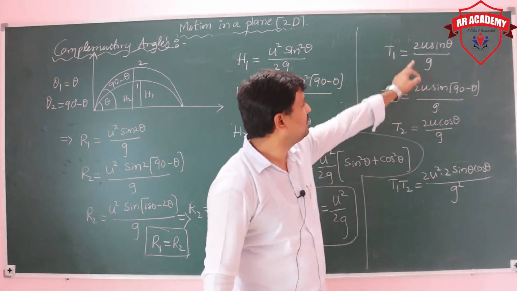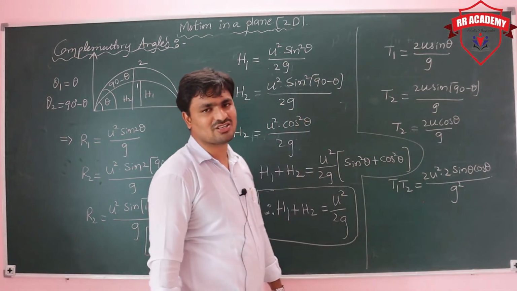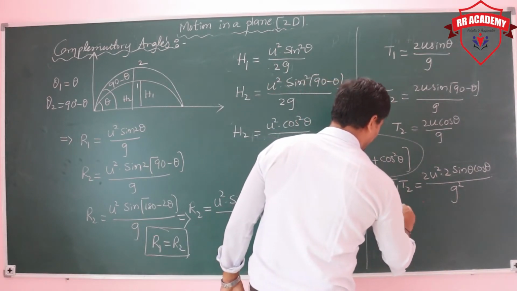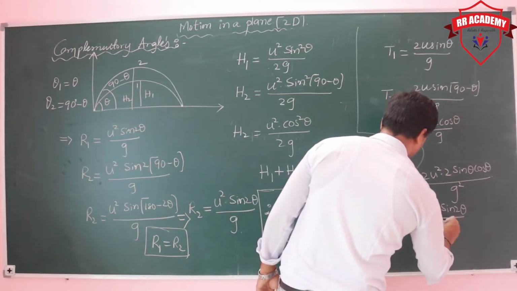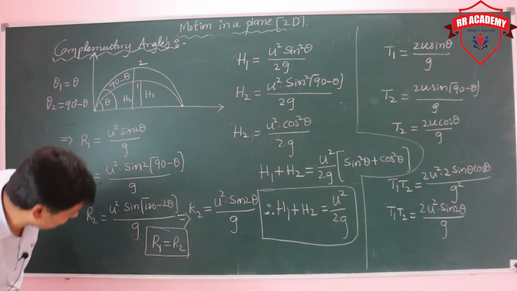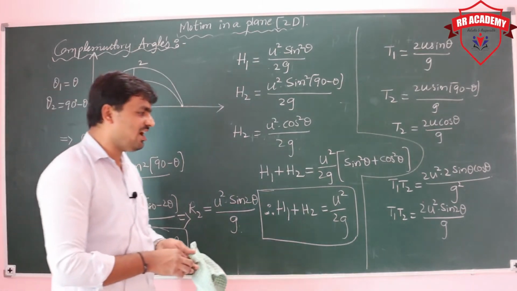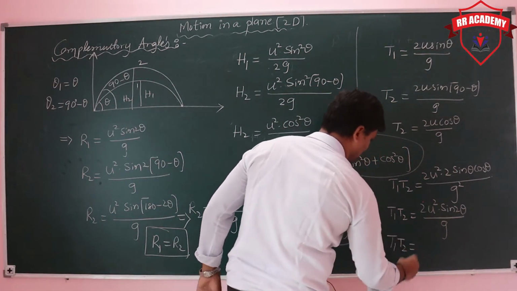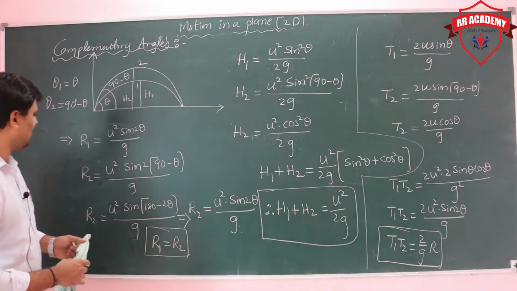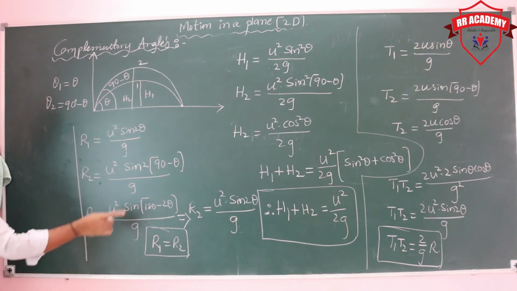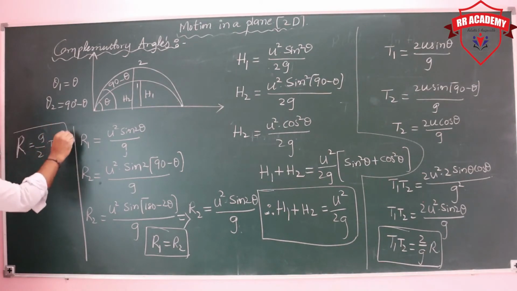Since 2 sin theta cos theta is sin 2 theta, the value of T1 T2 is equal to 2u square sin 2 theta upon g square. Here u square sin 2 theta upon g is nothing but the range R. So T1 into T2 is equal to 2R by g, and finally R is equal to g by 2 into T1 T2.